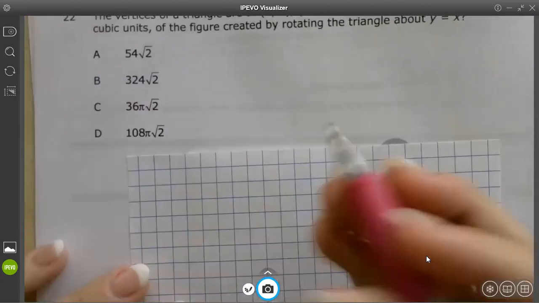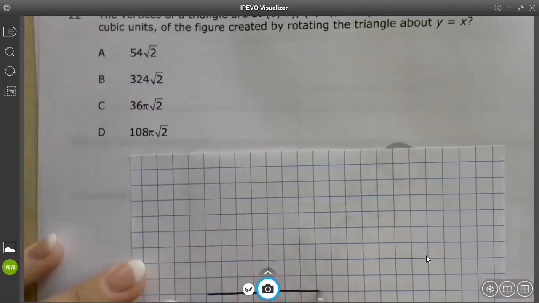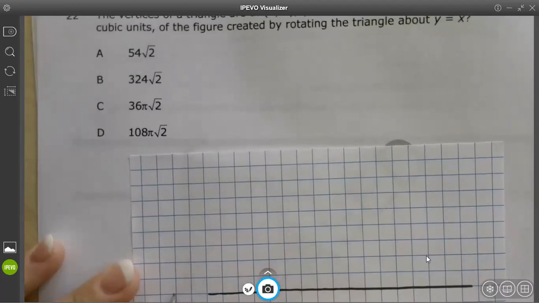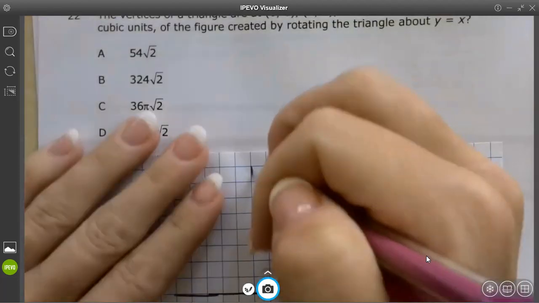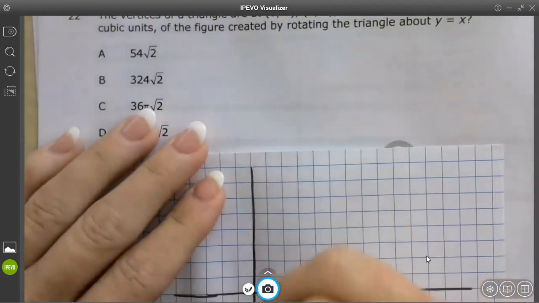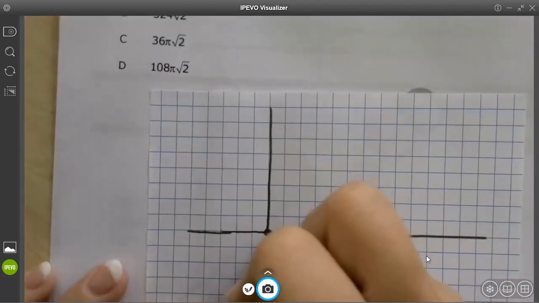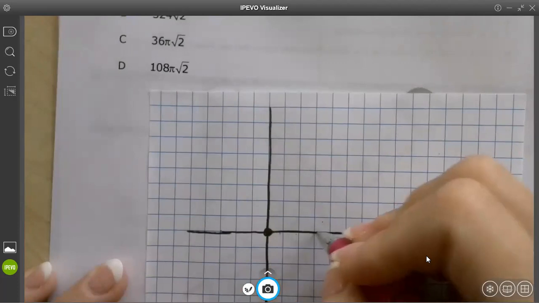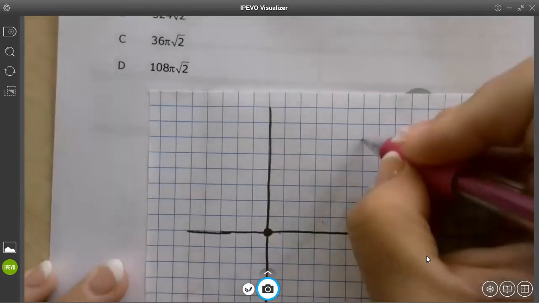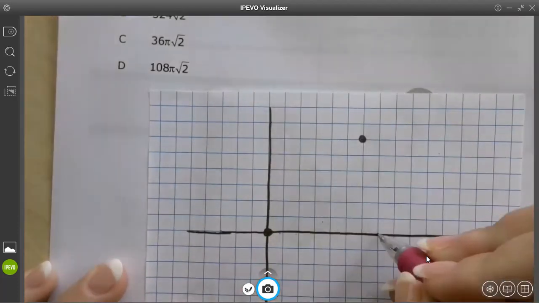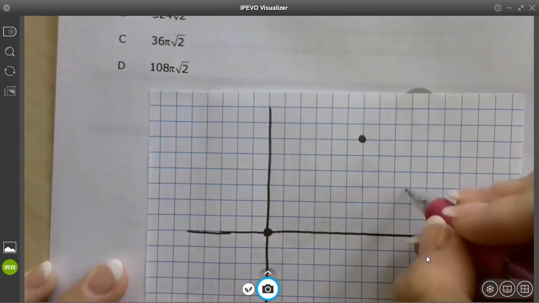All right. So we have the coordinates 0, 0, 1, 2, 3, 4, 5, 6, 3, 6, 7, 8, 9, 1, 2, 3.